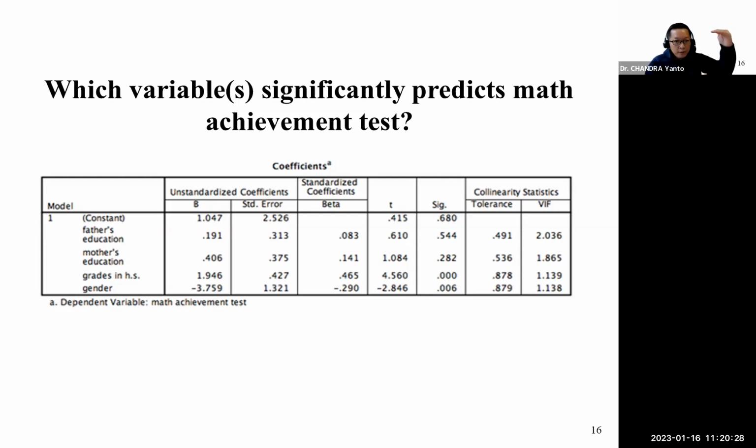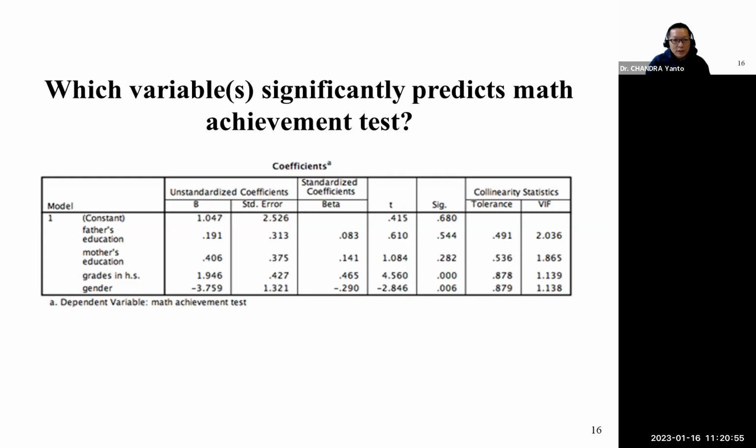And then you also ask in the questionnaire the father's education of the children, the mother's education, and their grades in high school, and their gender, right? And then you run analysis, and this is what SPSS give you, that then you can tell which one is significant, right? So which one do you look at? Because there's so many outputs there. You look at the column called significant, that one, right?